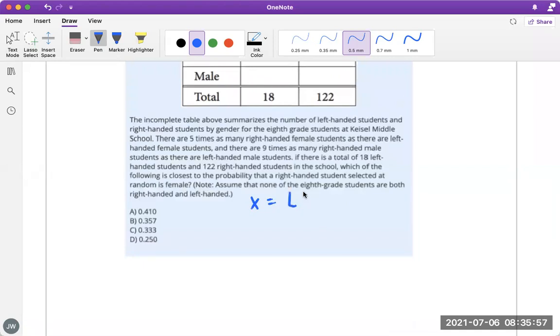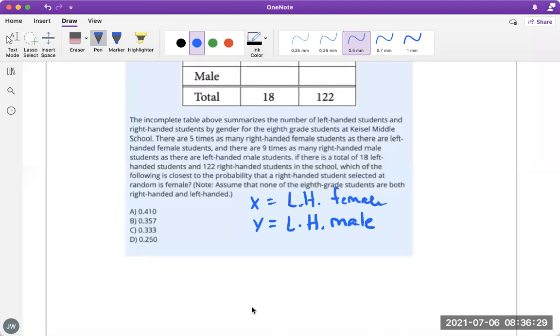I'm just going to do LH for left-handed, and I can write out female. And then we're going to let Y be left-handed male students. I'm not going to write students because we all know that they're students. What's most important is the gender that we're representing and that we're representing left, not right.